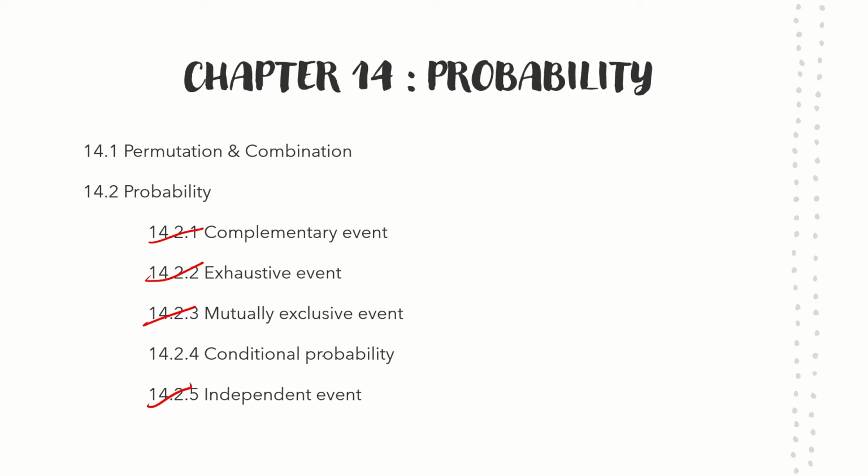You have to know what each one is, because in the exam it will ask you to prove that probability A and probability B are exhaustive events, or mutually exclusive events, or independent events. Or the question will ask you whether A and B are complementary events. You have to prove that. So this is the new thing.